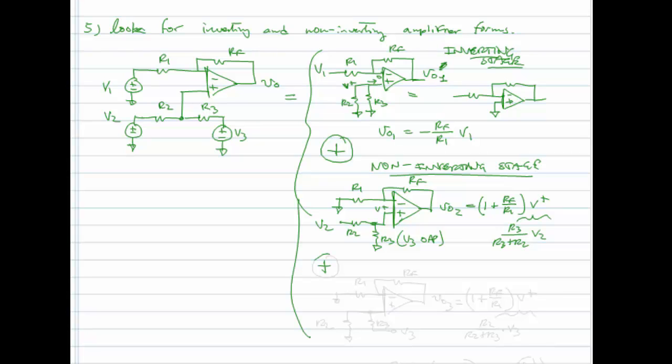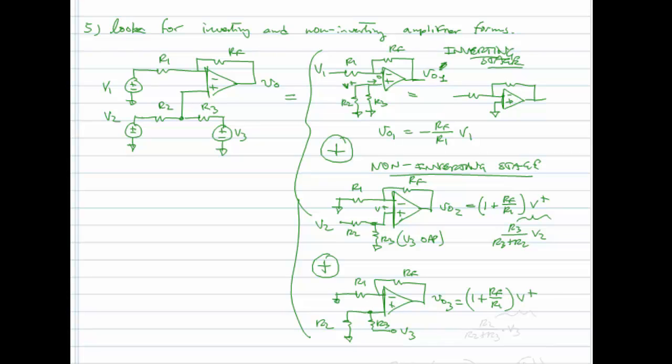And now we can consider our final input, where we have R2 grounded, and we have R3 tied to V3. And so our contribution from V3 is again 1 plus RF over R1. That does not change, times V plus.